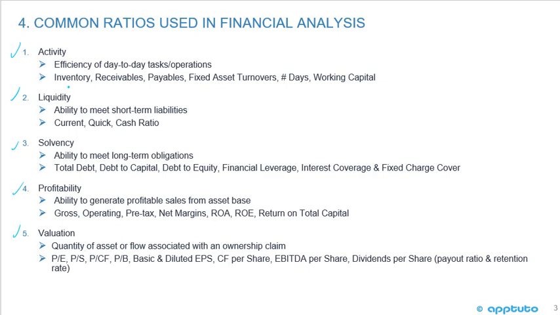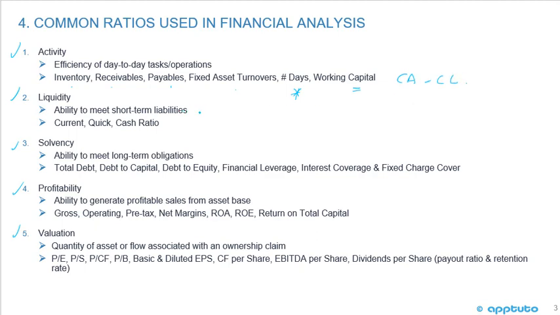So we can look at turnover ratios such as inventory turnover, receivables turnover, payables turnover, fixed asset turnover. Once you have a turnover ratio, 365 divided by the turnover will put the ratio in terms of the number of days. And we can also look at working capital, which is just current assets minus current liabilities.